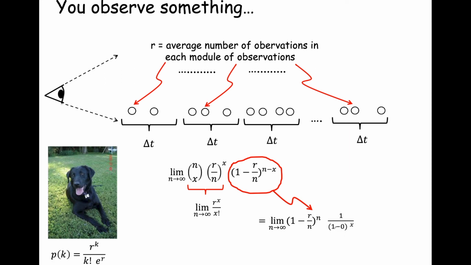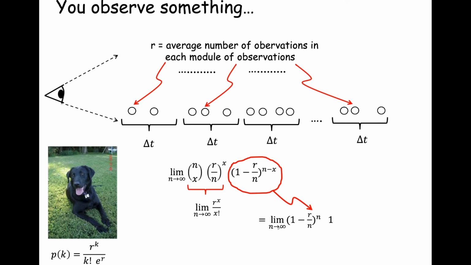So I can replace that r upon really big n with 0, and I get 1 minus 0 to the x power. Well, 1 minus 0 is just 1. However many times I perform that multiplication, 1 times 1 times 1, i.e. the exponent, it's always 1. So I get 1 over 1 to the x power, that's just 1. So that second term goes away.